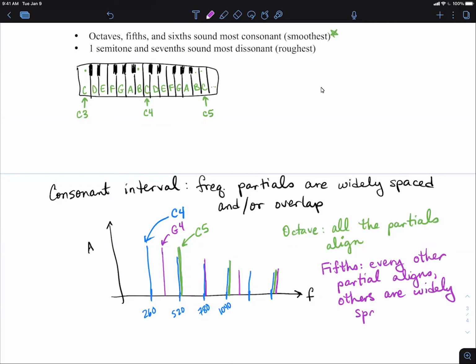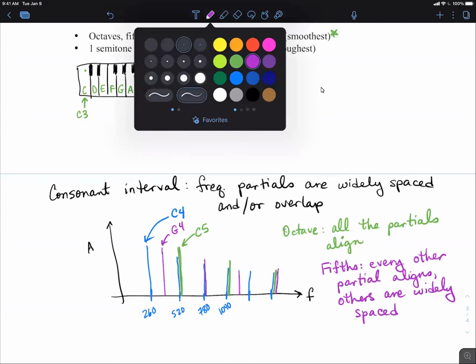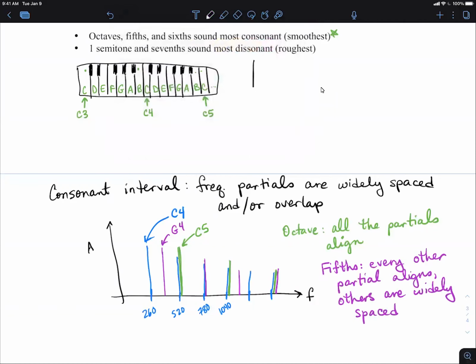Okay, so we have to remember this all comes back to our ears and the perception of the sound and the basilar membrane. Why do some sounds sound very dissonant?